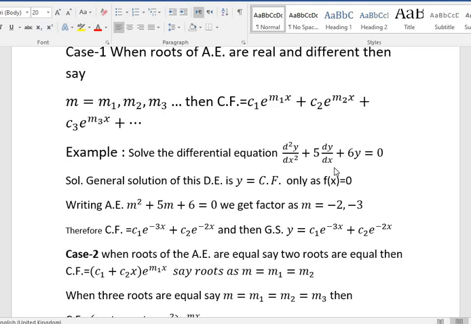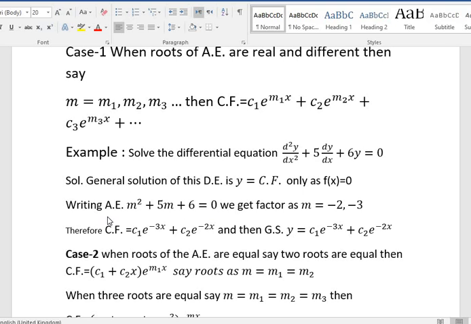Just write this differential equation in auxiliary equation form. d2y/dx2 means m squared, dy/dx means m, so m squared plus 5m plus 6. Keep y outside, put it equal to 0 and factorize it.